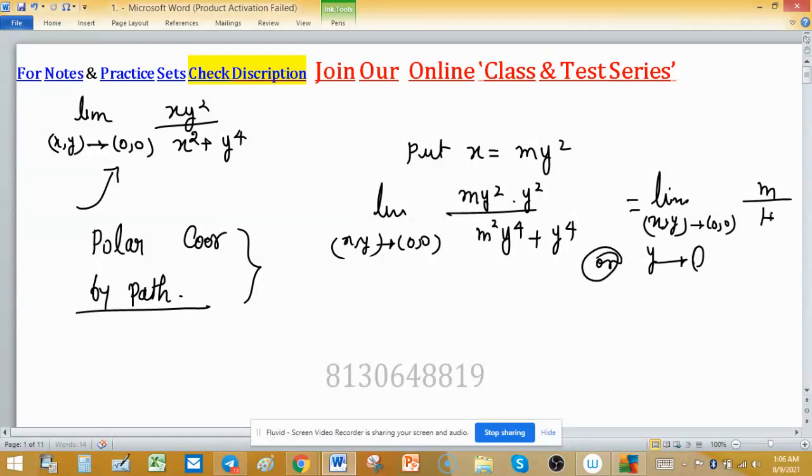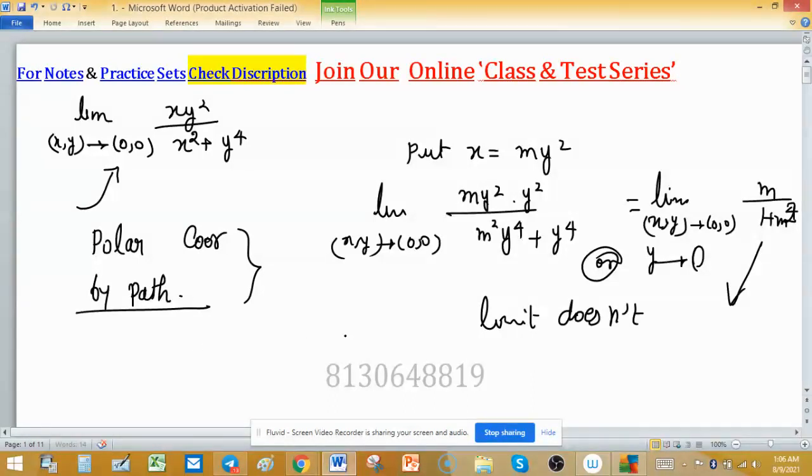So it is m upon 1 plus m square, and for different values of m we will get a different limit. So the limit doesn't exist.